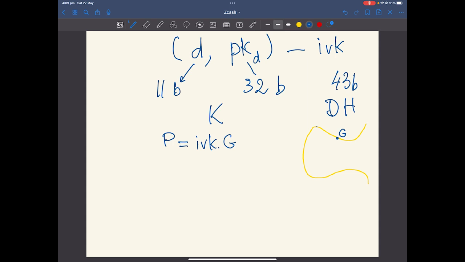Once you have that, the idea behind Diffie-Hellman is that the sender is going to generate its own random value. So it's going to be an ephemeral secret key, a secret key that he's going to pick randomly just for the sake of this particular output.